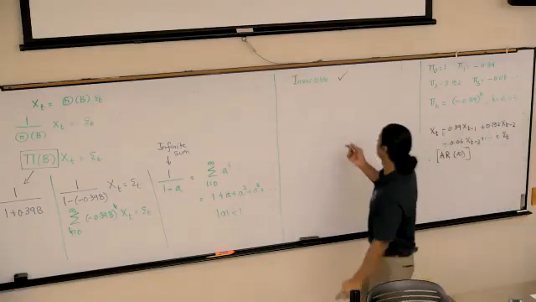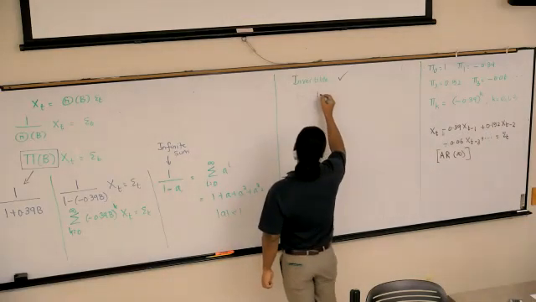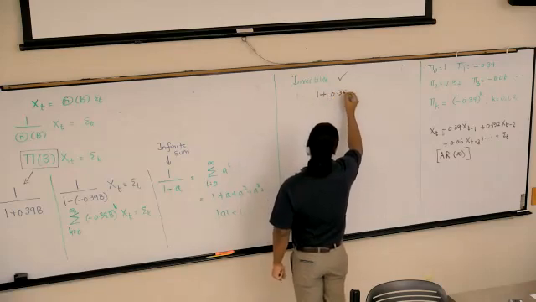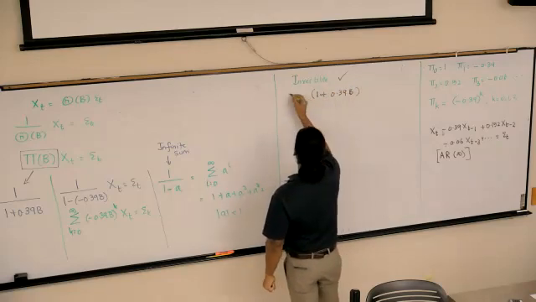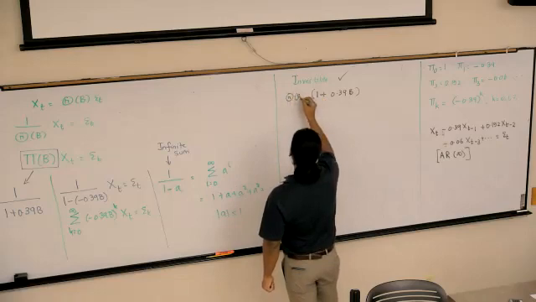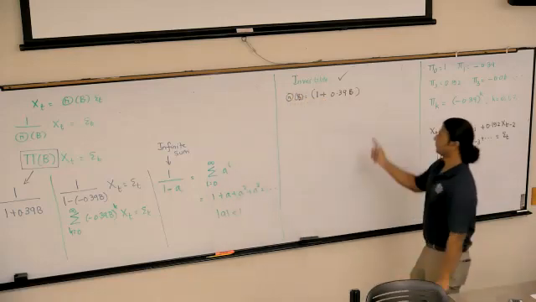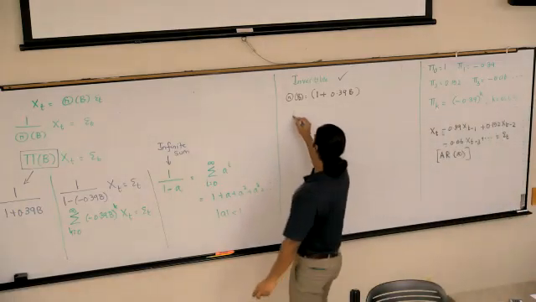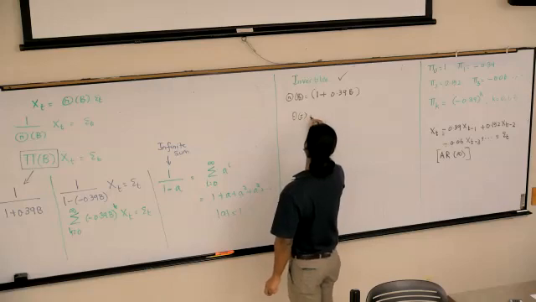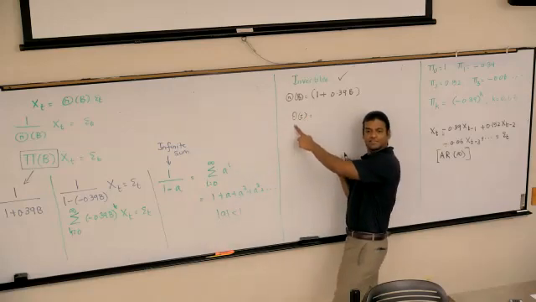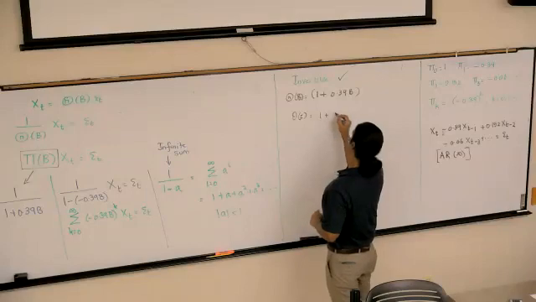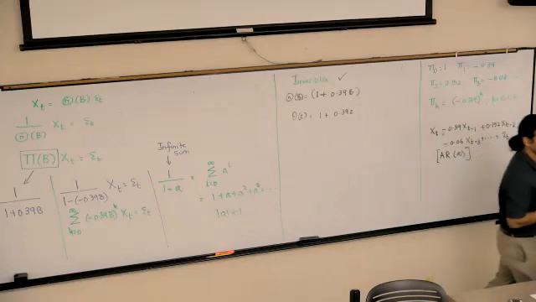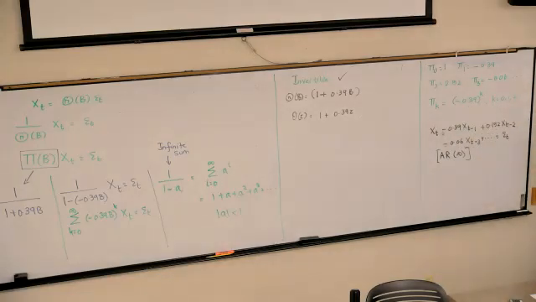Not only that, 1 plus 0.39B, if I wrote it as a polynomial, we use that lowercase theta of z. So 1 plus 0.39z. That would be the characteristic polynomial for the MA side.